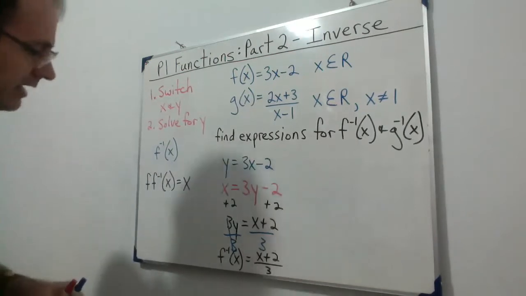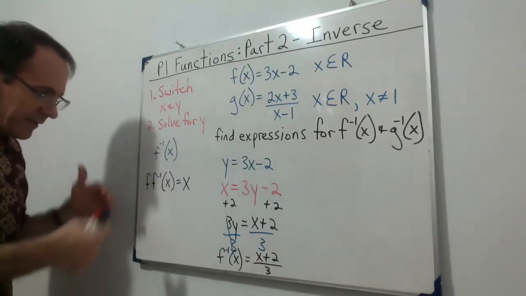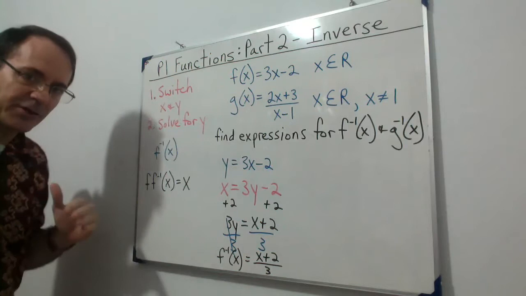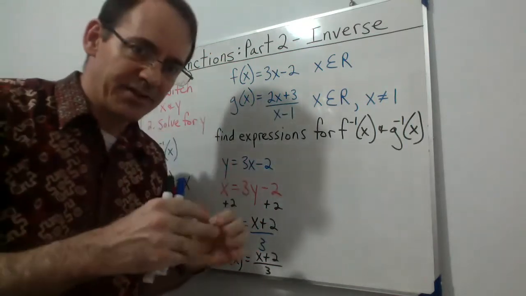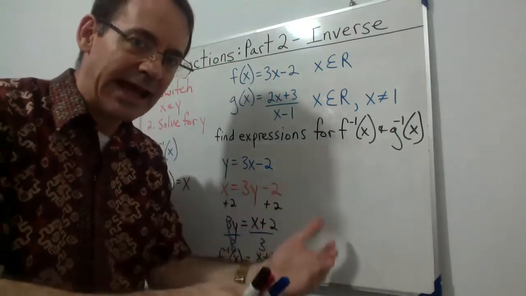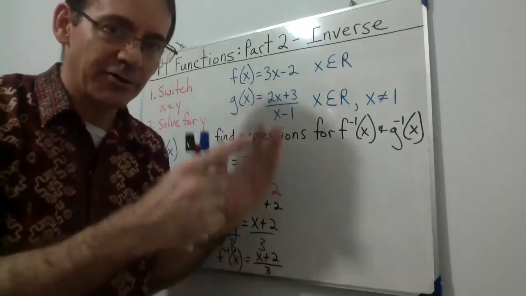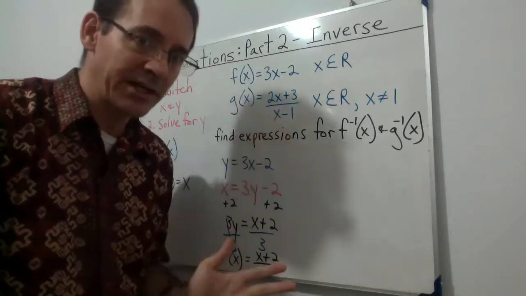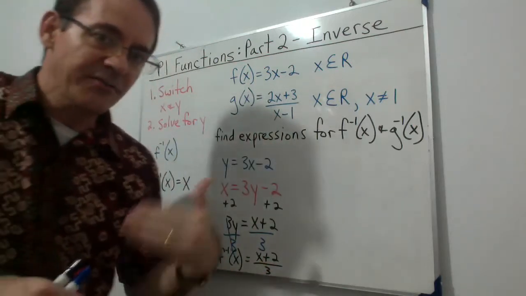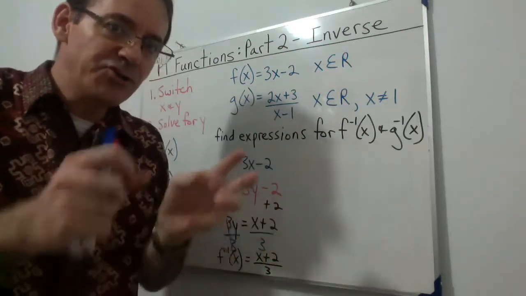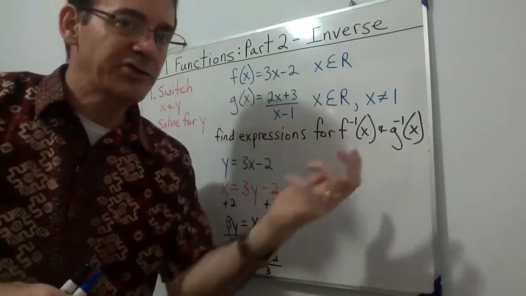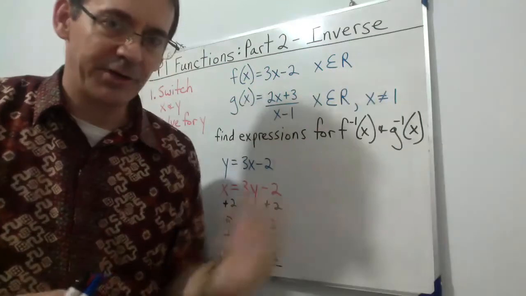Now, remember I said over here that your function and inverse function are opposites. They undo each other, just like add and subtract are opposites, multiply and divide are opposites, radicals and exponents. Those are opposite operations. Well, opposite functions undo what the original function did to the variable x.